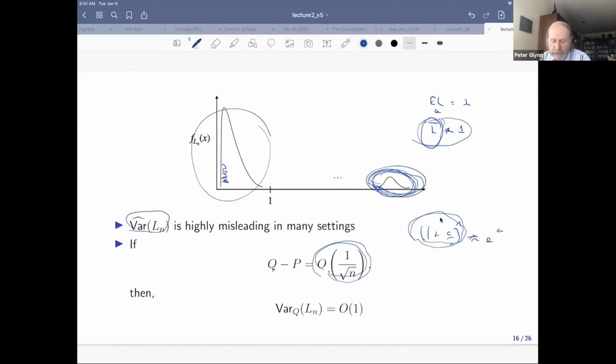So it could be that the event you're trying to compute a rare event probability for is an event where the likelihood ratio is uniformly well controlled, and all of its values are actually down here, so that you actually get an extremely big variance reduction. And that, in fact, is what happens in a typically successful rare event simulation context. The part of the likelihood ratio where the expected value is big, that makes the expected value equal to 1, just has no intersection with the event that you're actually trying to compute a probability for.